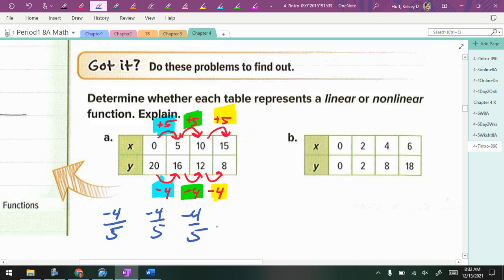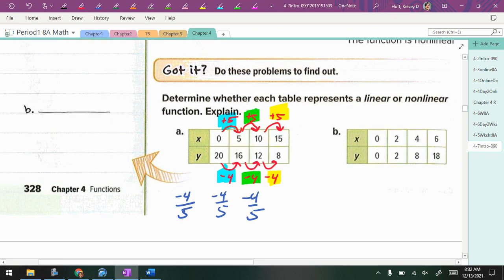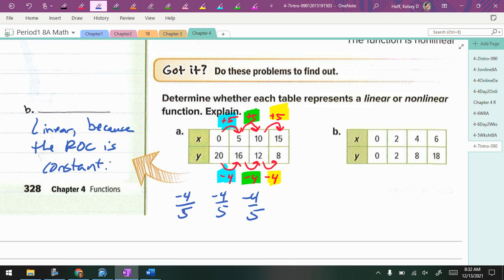So because they're constant, is it linear or non-linear? Linear. So this is what we write. Linear because the ROC is constant. And yes, you can write ROC. What does ROC stand for? Rate of change. Very good. Linear because the ROC is constant.